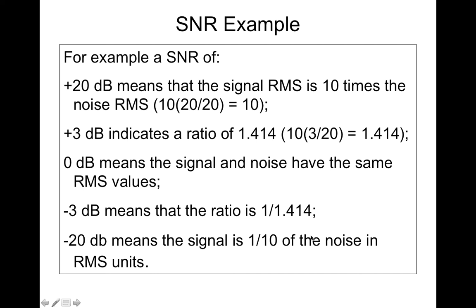So for example, and you can plug some numbers in, 20 dB means that the signal RMS is 10 times the noise RMS. 3 dB would be a ratio of 1.414. And I will point out that in these slides here, this 20 over 20 is actually an exponent. It's not multiplied. This 3 over 20 is an exponent. It's not multiplied.